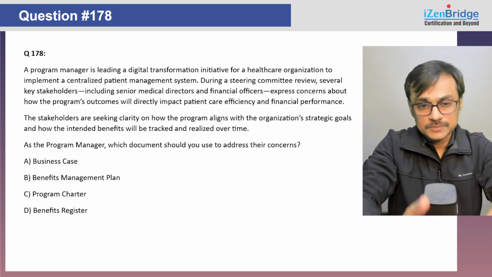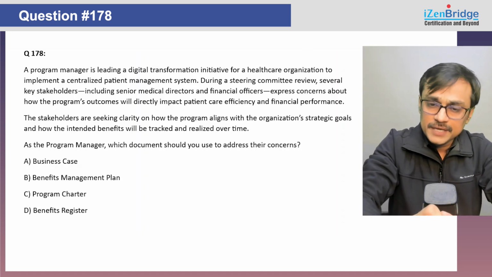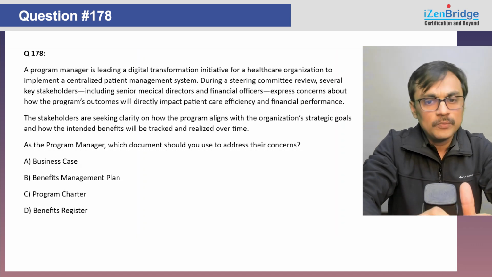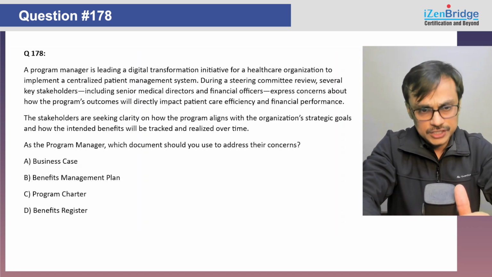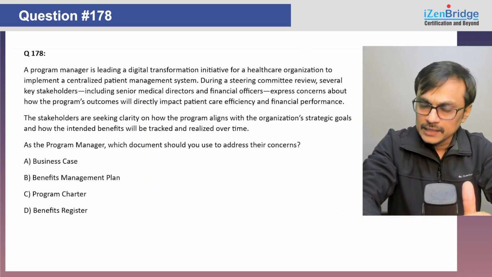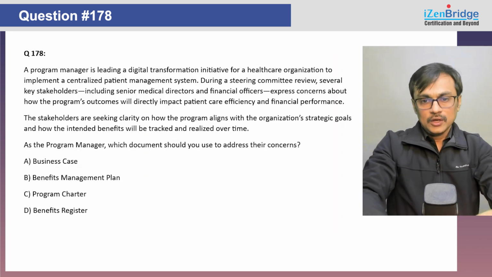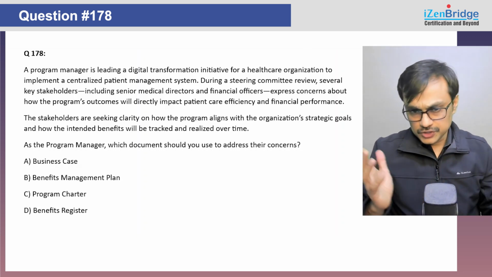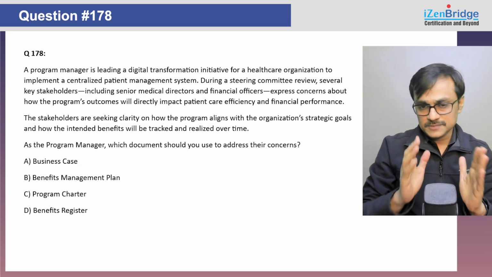Okay, program outcomes will be directly impacting patients' care efficiency and financial performance. And stakeholders are seeking clarity on how program aligns with the organization's strategic goal and how the intended benefit will be tracked and realized over time. So overall, the program manager, which document should we be able to use in this particular case?